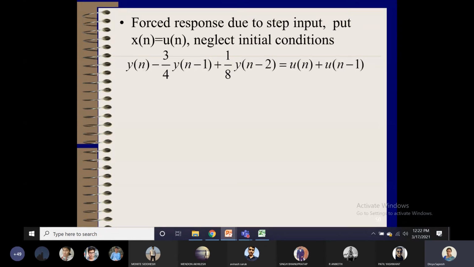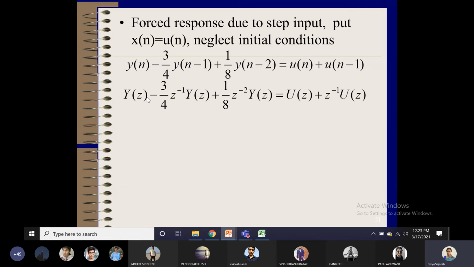So this is your given equation, and your input is a step input. So instead of x of n, you will write u of n, and x of n minus 1 will be written as u of n minus 1. Initial conditions neglected, so directly you apply the Z transform. So what is the Z transform of this equation?